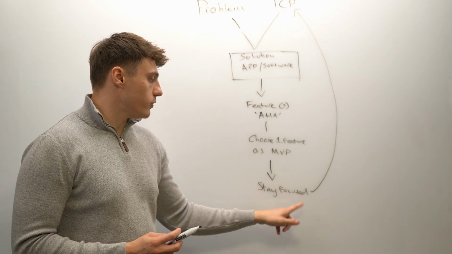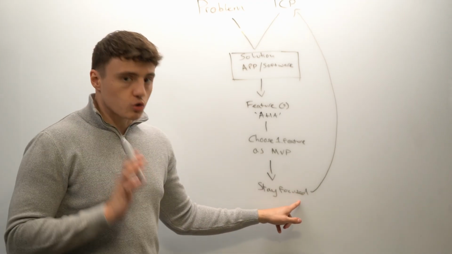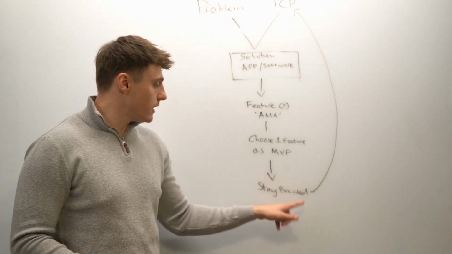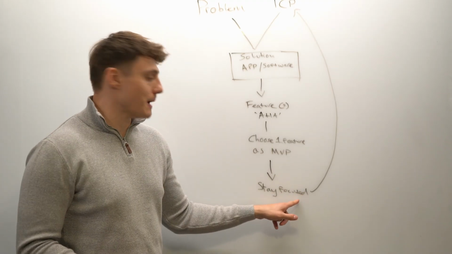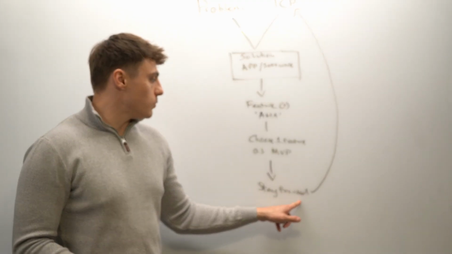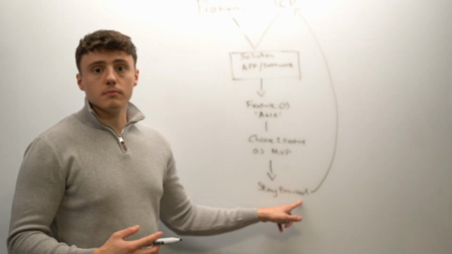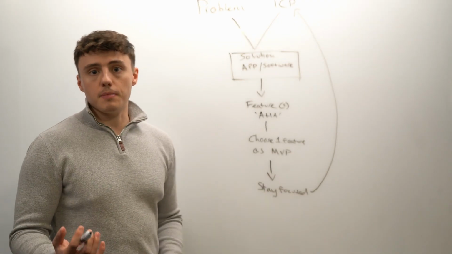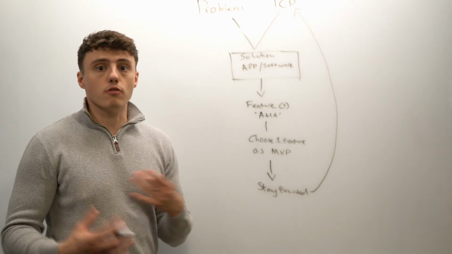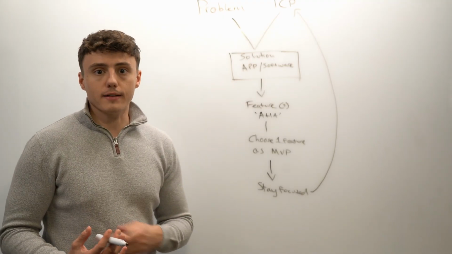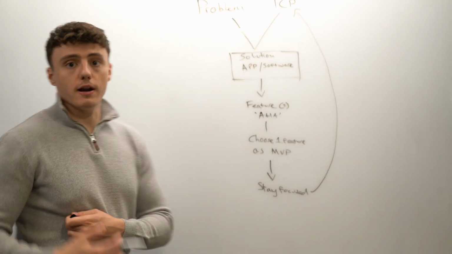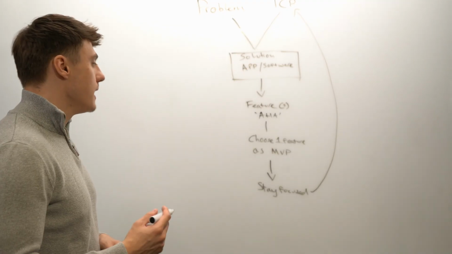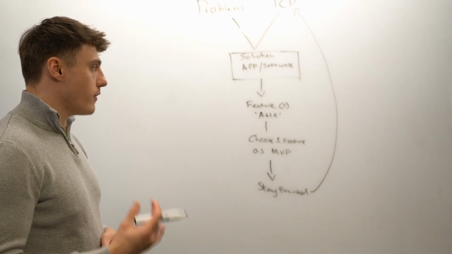Stay focused on solving that problem for a good 6 months, a year plus, until you basically get product market fit, which is where people use it, people understand it, and they tell other people about it. And then you get that organic, viral flywheel growth effect where they're telling their friends, telling people, and that's how you benefit from that kind of network effect that you see with some viral products.